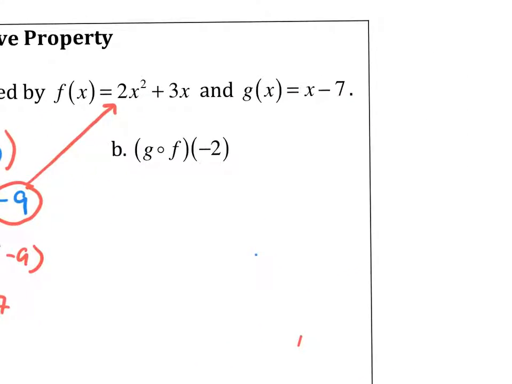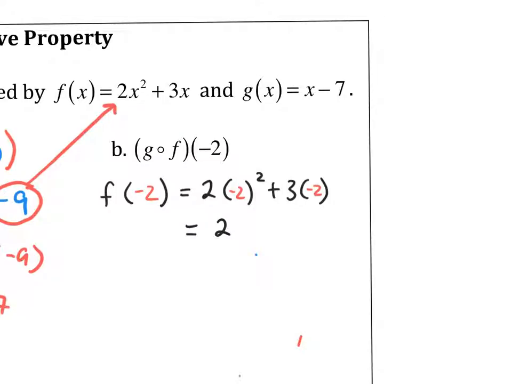So my first thing to do is actually evaluate f of -2. So I'm going to substitute the -2 into f. And we can do all of this essentially at once. This is 4, 2 is 8, minus 6. So the result is +2.